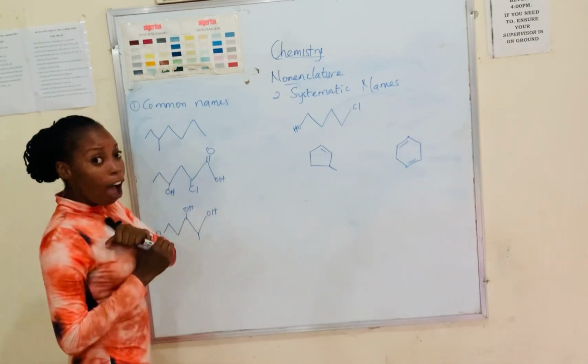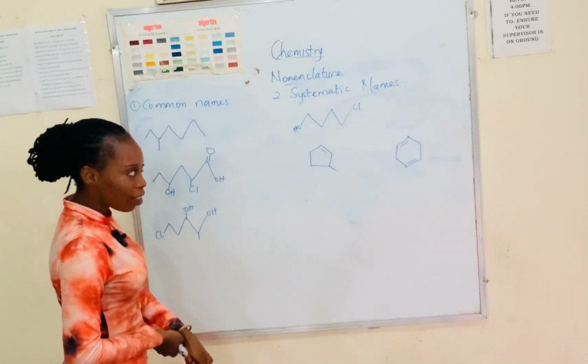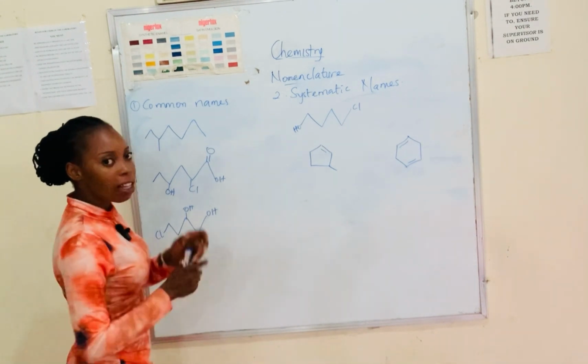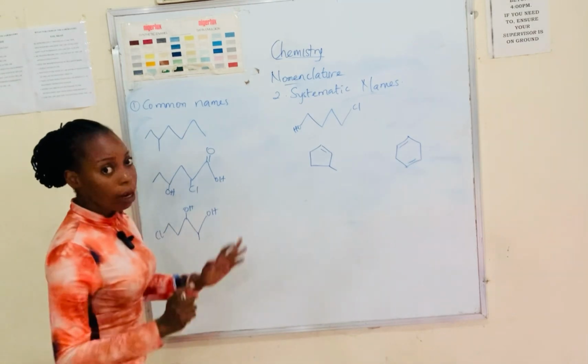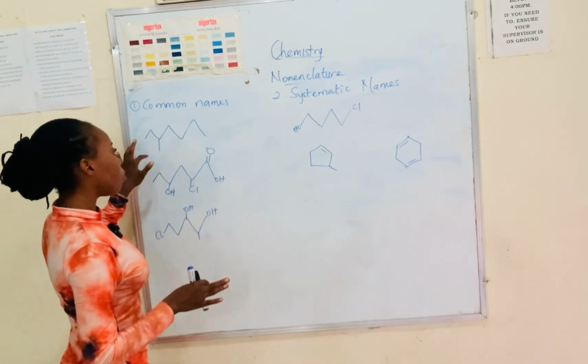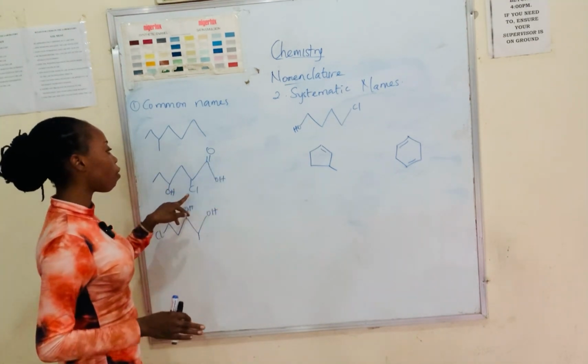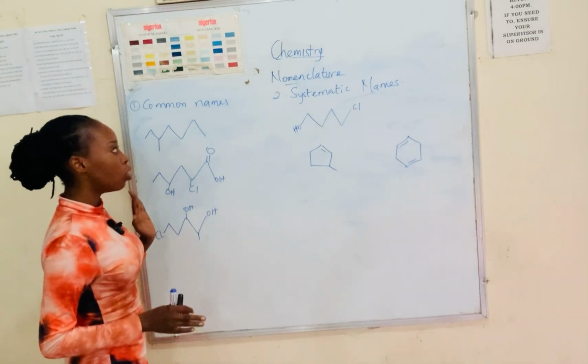So there is an organic family known as alkanes, the one with the general formula CnH2n+2. So it has only carbon and hydrogen. And we'll see that here there is no oxygen, like here where we have oxygen, where we have chlorine, where we have OH. Do you understand?